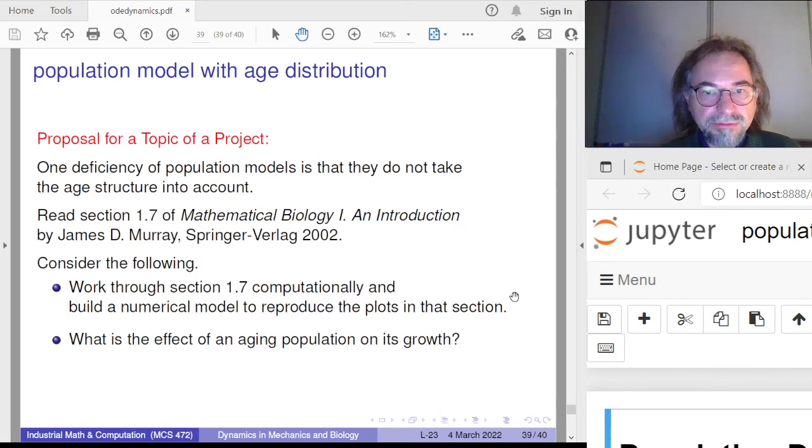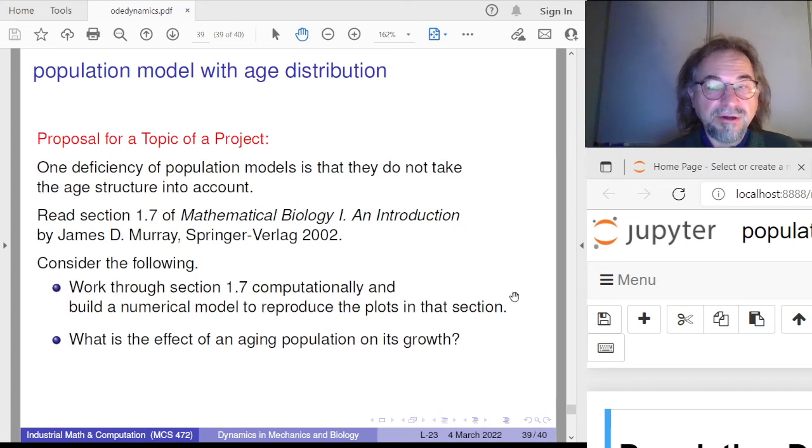So for this project, you would need to read one section in the mathematical biology book that I used to prepare this lecture. This book is available online via our UIC library. The point of this project is to make a computational model of this section: work out the differential equations numerically and reproduce the plots that are very similar to that section.